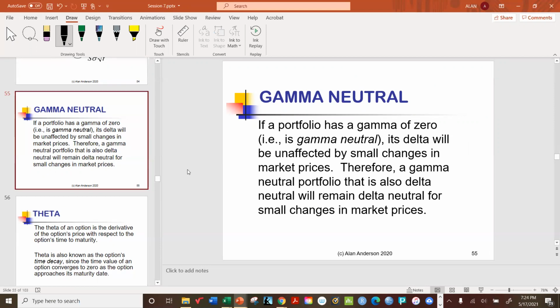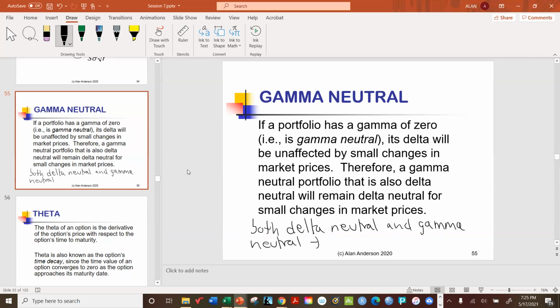So if we can manage to achieve a portfolio that's both delta neutral and gamma neutral, then there's really and truly no risk. Even a large change in stock prices will have no effect because the deltas themselves will not be changing. So the portfolio will remain delta neutral no matter what happens to stock prices.